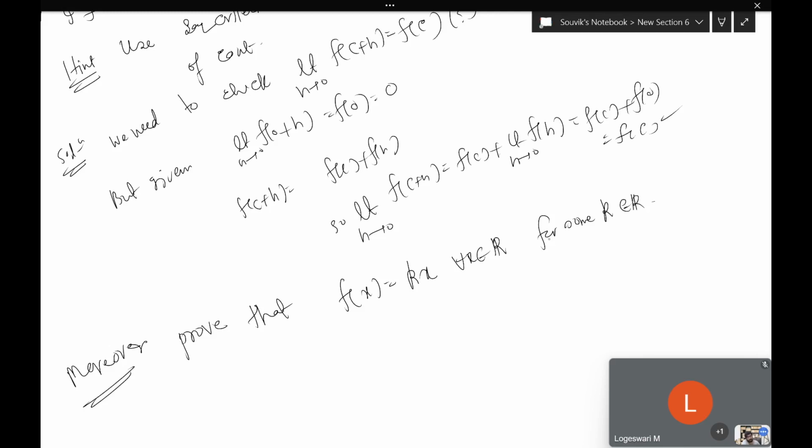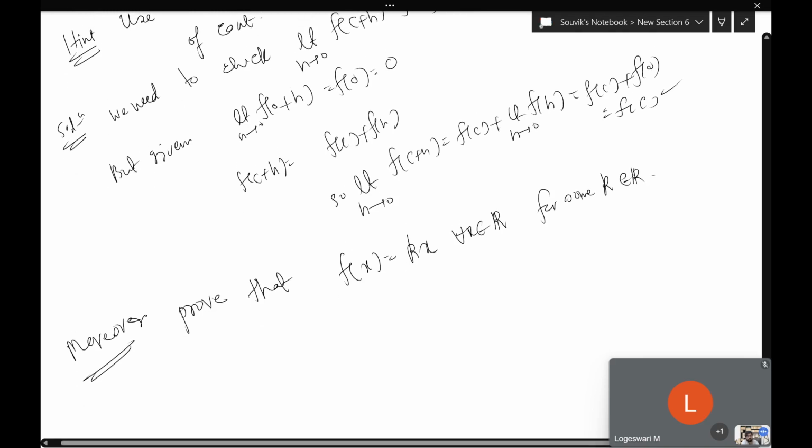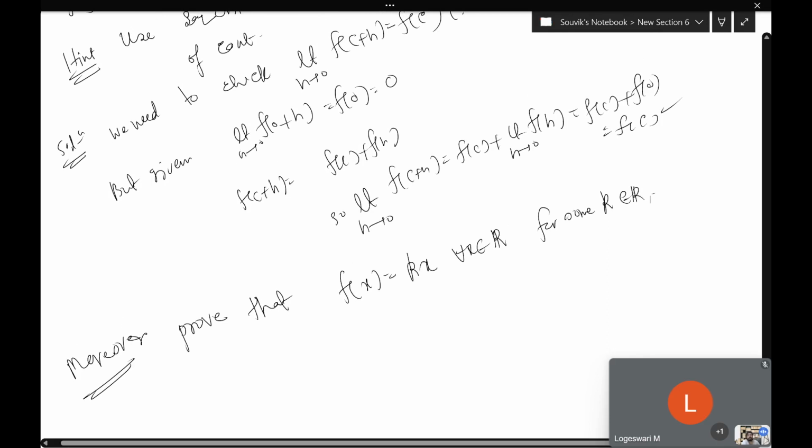So this is not the usual way. I mean, this problem is some kind of tricky. So let's see how to solve this.